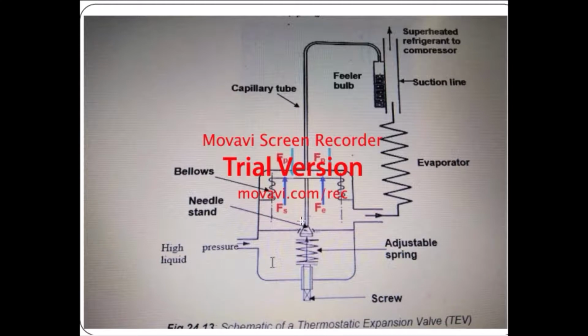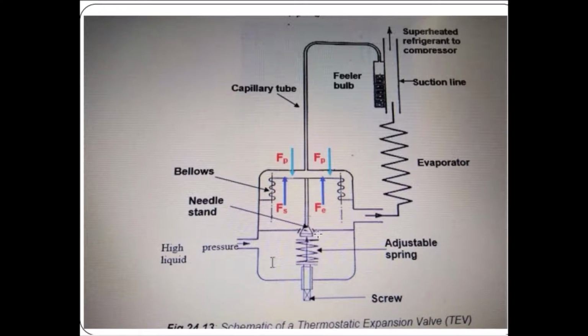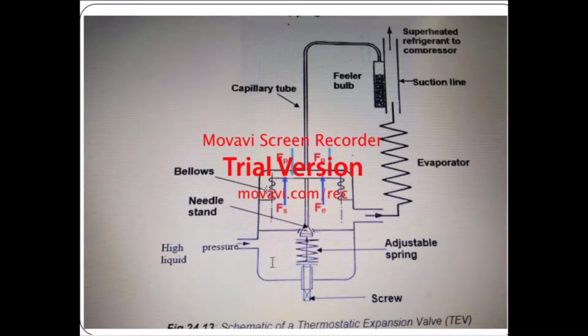Okay, the needle is within this spring, this one is the needle diaphragm, which controls the volume of the diaphragm. So the spring will control the pressure.